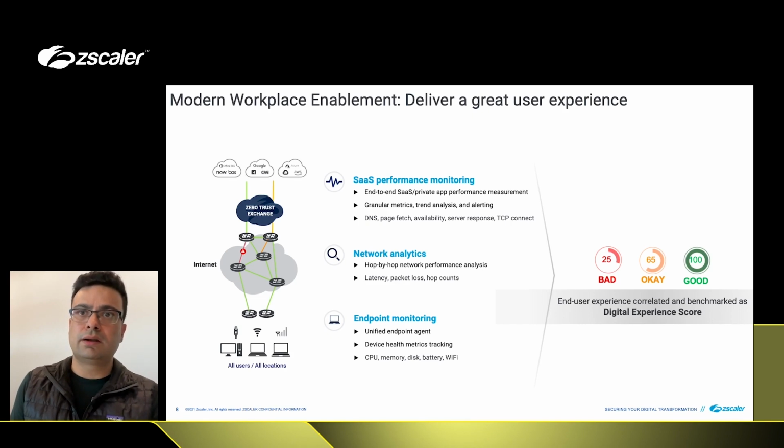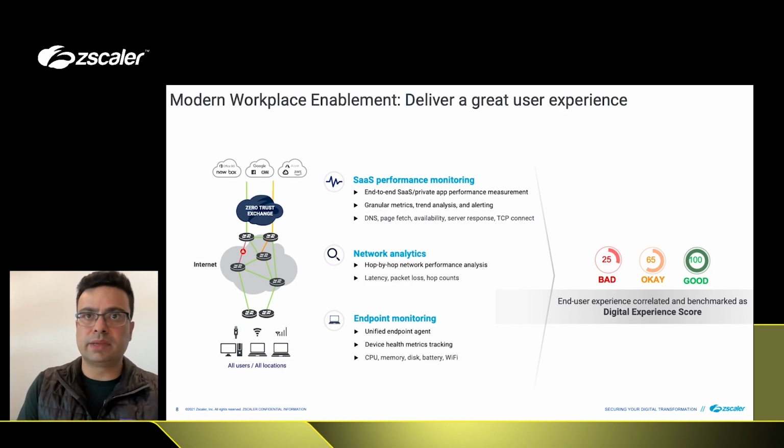Now, there is a rich set of metrics that we collect behind the scenes. Think of the score like a thermometer. It tells you if a user, a location, or an application is showing symptoms of bad user experience. If you see that, you can double-click and look at various metrics in context of the application as well.